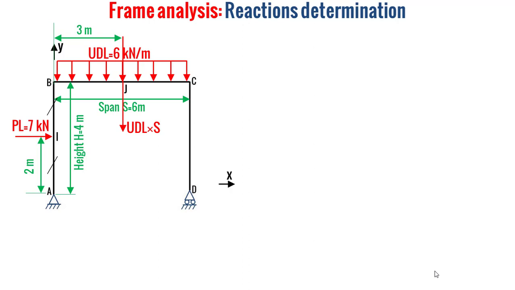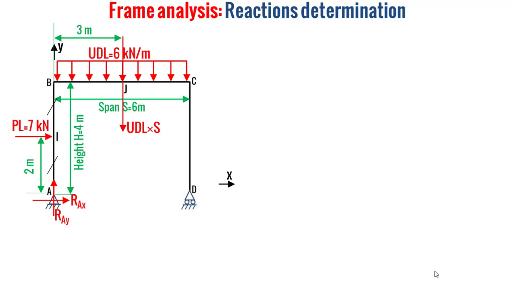If we consider the directions x and y as depicted by this slide, x is the horizontal direction and y is the vertical direction, we have a reaction RAX. This reaction is horizontal and applied at the point A, and another vertical reaction applied at the point A denoted by RAY.